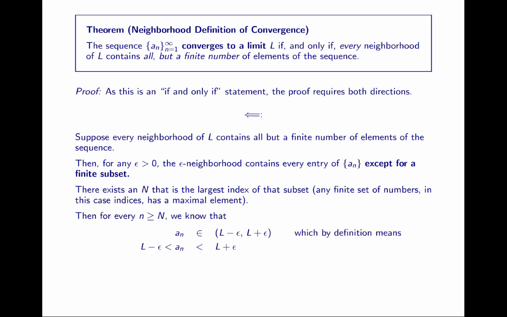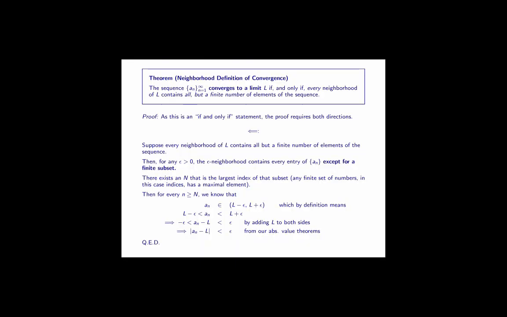By definition, that means a_n is greater than L minus epsilon, less than L plus epsilon. If I subtract L from all three sides, I get negative epsilon is less than a_n − L, which is less than epsilon. Therefore, |a_n − L| < epsilon. That follows from our absolute value theorems. QED, we've shown the result.